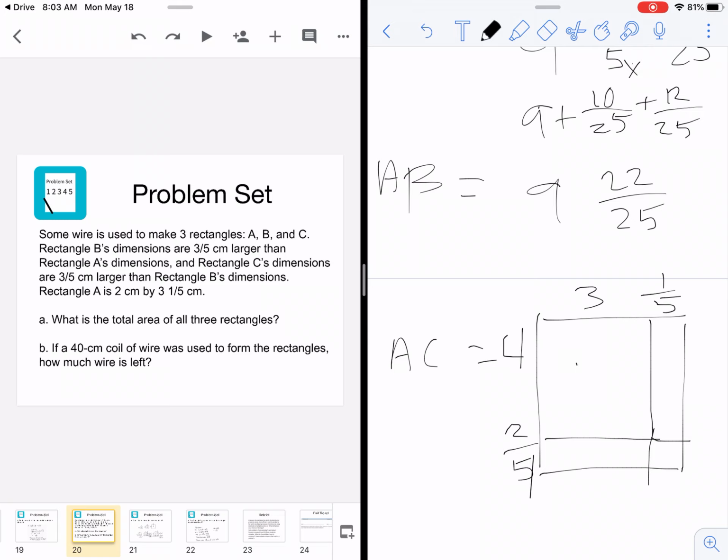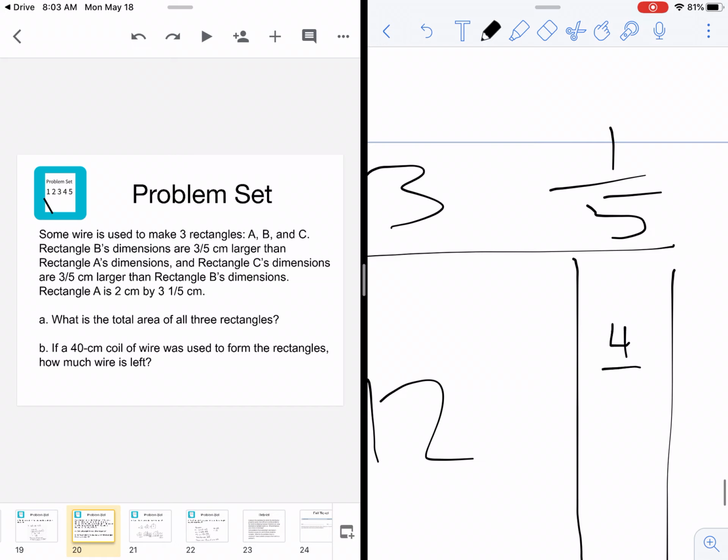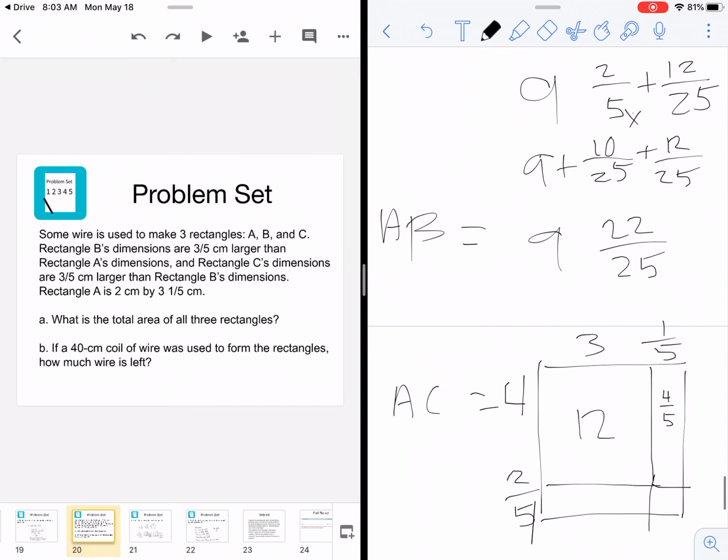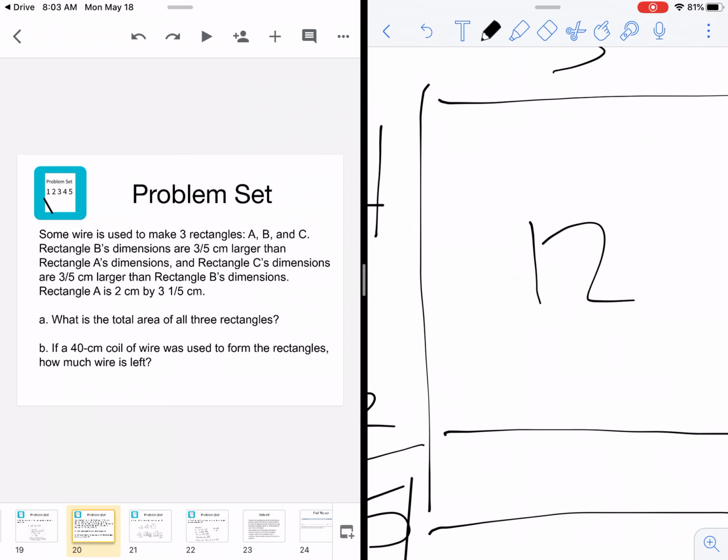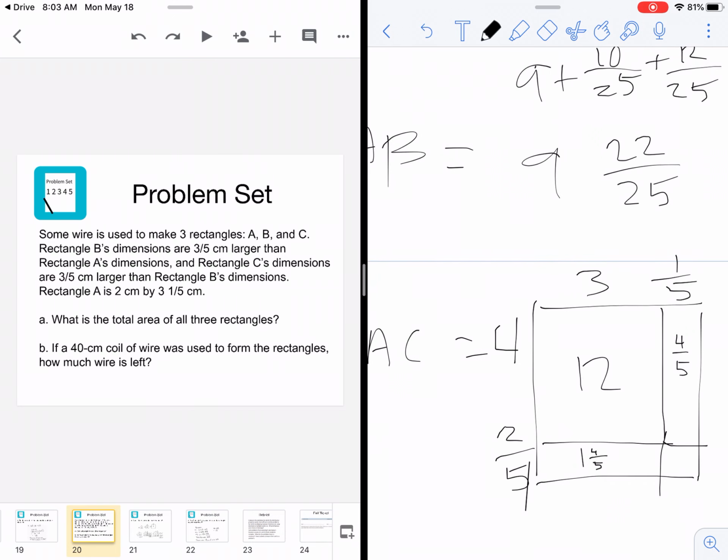Okay, 3 times 4 is 12. 4 times 1/5 is 4/5. 2/5 times 3 is 1 and 4/5. Okay, because 2 times 3 is 6 over 5. And 2/5 times 1/5 is 2 25ths.